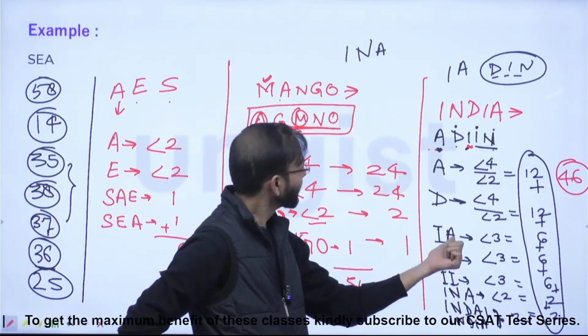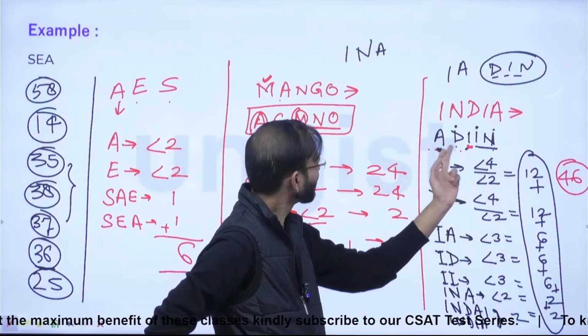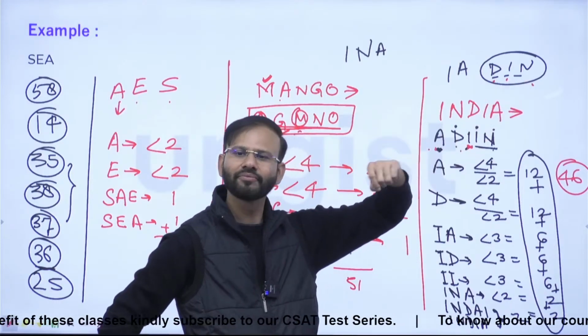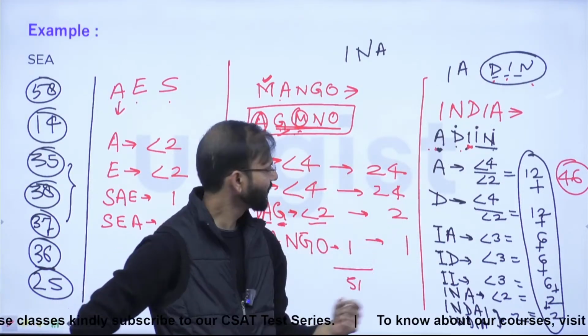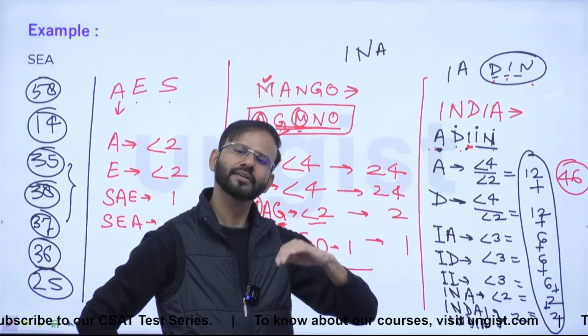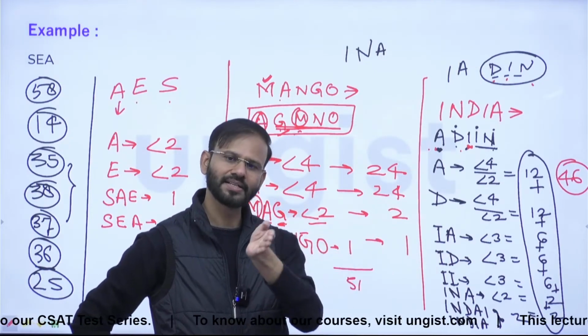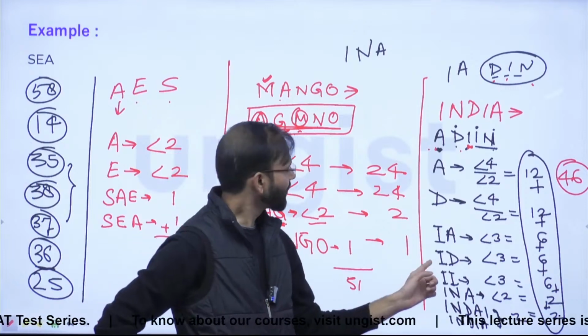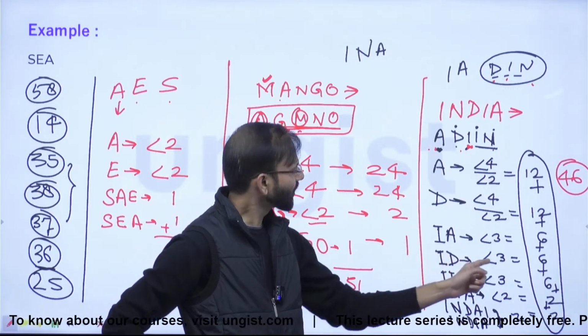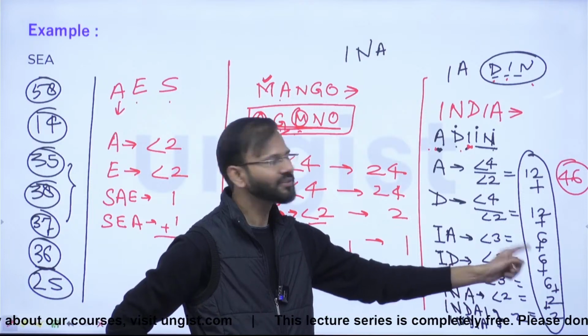So after IA, what is left? After IA, we are left with DIN. So with DIN, we can have factorial 3 words, right? Then after A, the next letter will be D. So ID, but your desired word is not starting with ID. So just write all the possible words, again factorial 3.